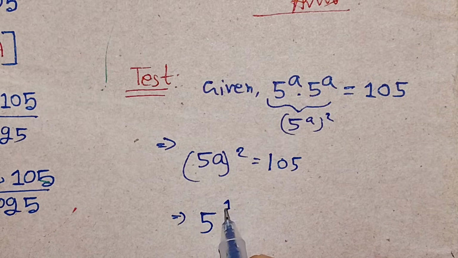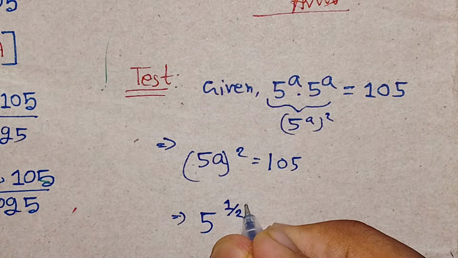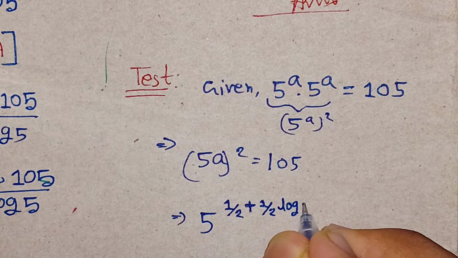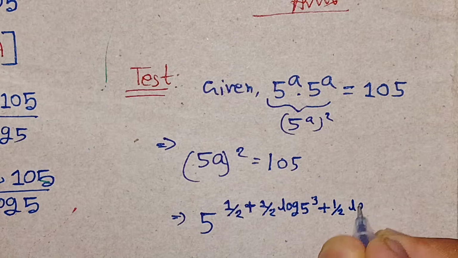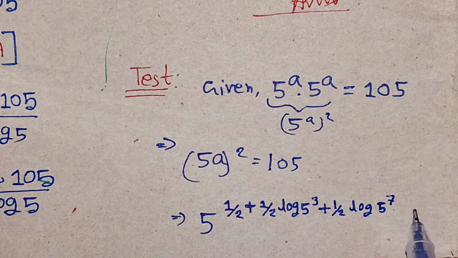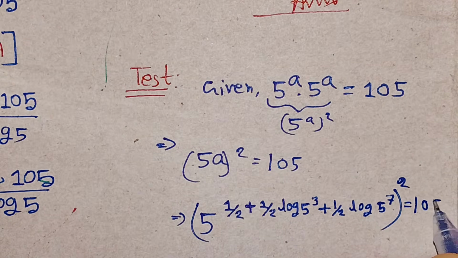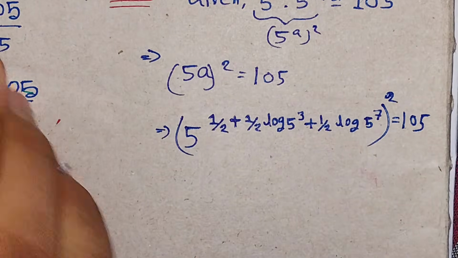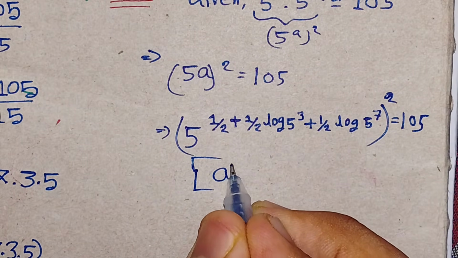In this left side, we have to replace a with the answer we got previously, which will be 5 to the power of (half plus half log 3 base 5 plus half log 7 base 5), whole square, is equal to 105. That's simple as well.